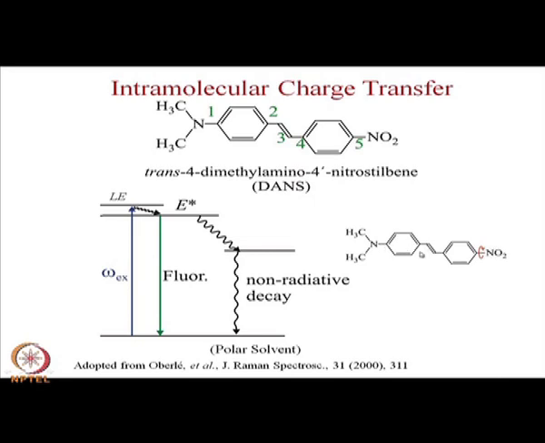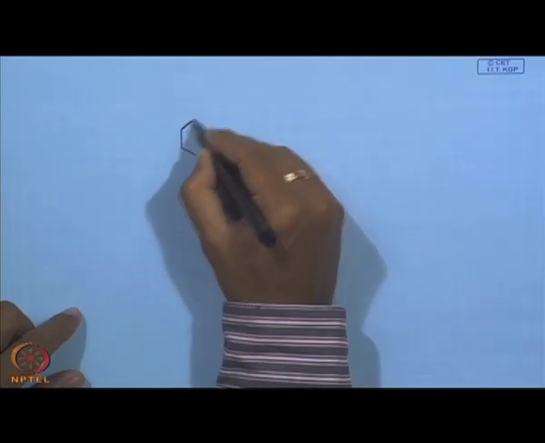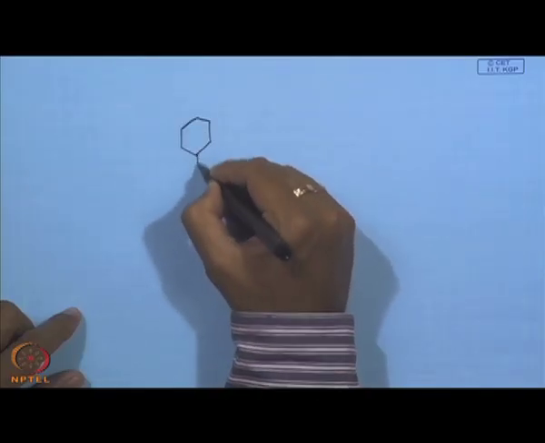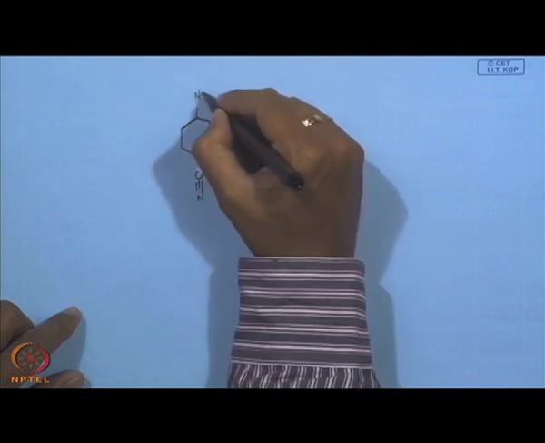This can be a classic example of intramolecular charge transfer. There are plenty of examples. You can have 4-dimethylamino-benzonitrile, which is given the short form DMABN. So, this is the molecule of interest: C triple bond N and then N methyl.